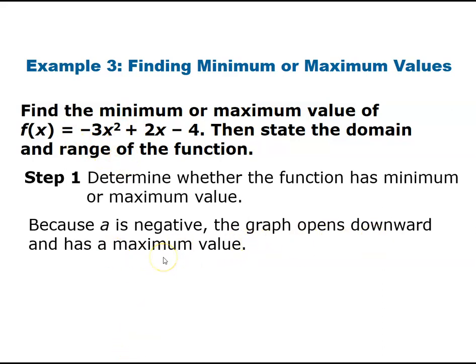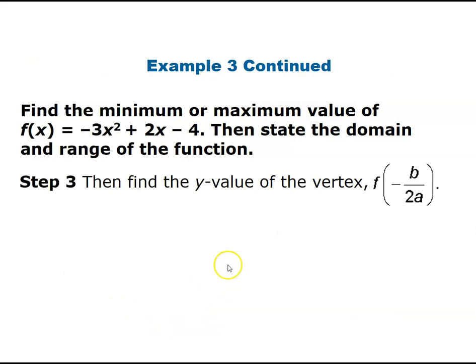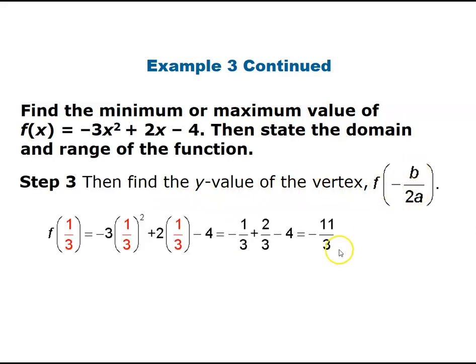So how to find the vertex? The first thing you will do is find x equals negative b over 2a. So we get 1 over 3. Then find the y value of the vertex, f of negative b over 2a. So we get f of 1 over 3 equals negative 11 over 3.